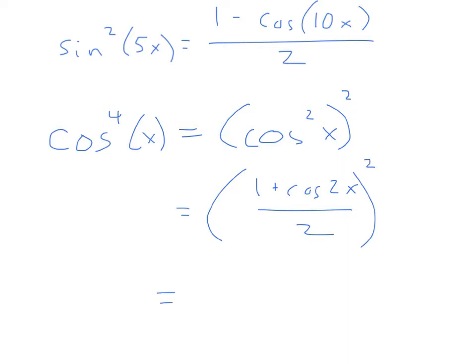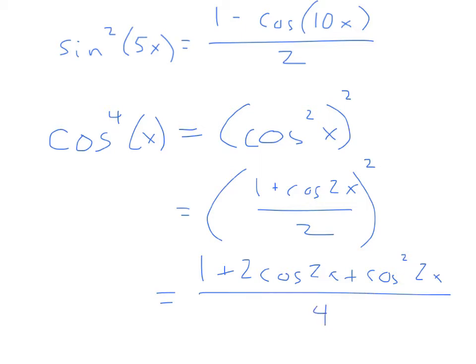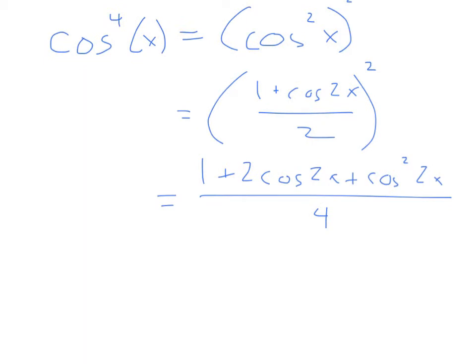And then when we FOIL that together, we get 1 plus 2 cosine 2x plus cosine squared 2x over 4, and we effectively have to use the power reduction again on the squared piece that's left. So it's a little bit more involved, but we'll get to that when we get to the practice problems.